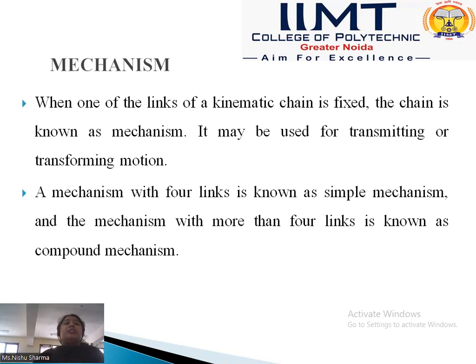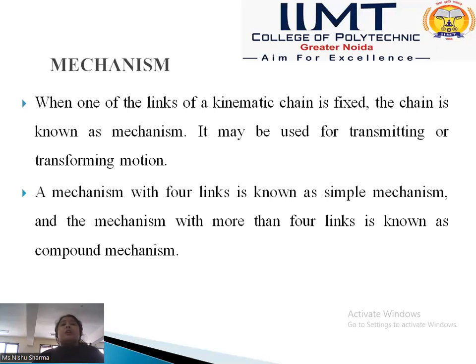When one link is fixed in a kinematic chain, that is called a mechanism. The relative motion between the various parts of a machine is completely or successfully constrained motion, and this mechanism is used for transmitting or transforming motion.